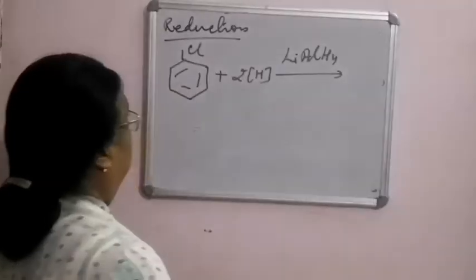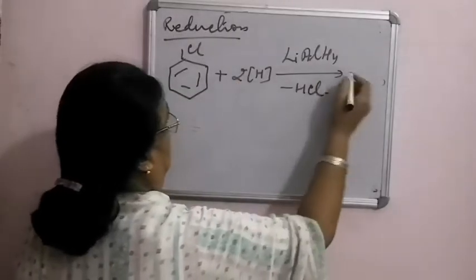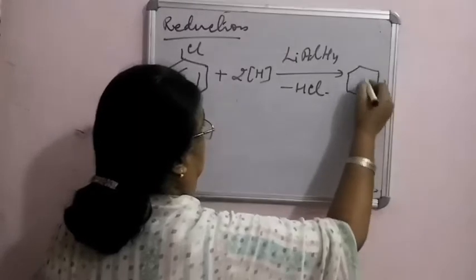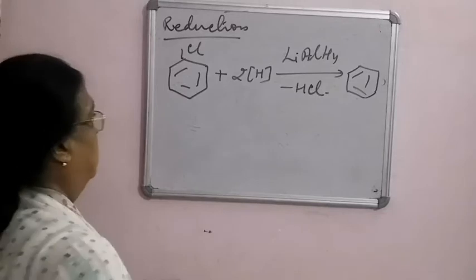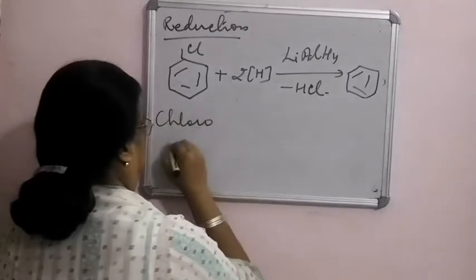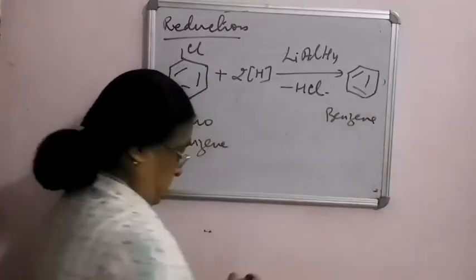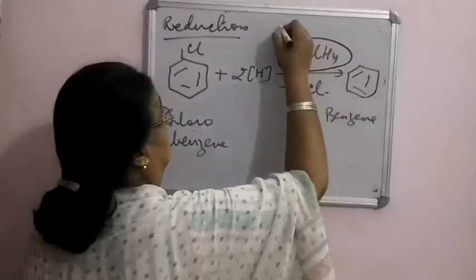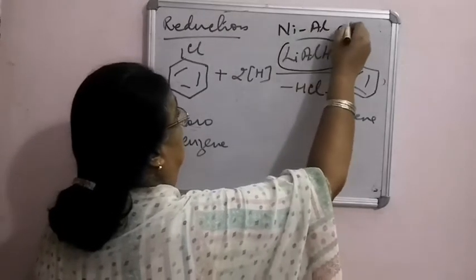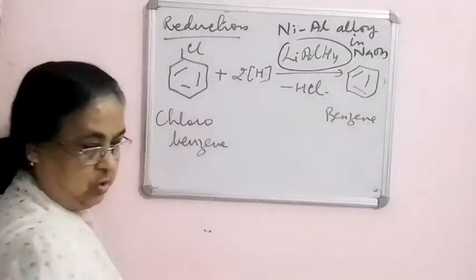HCl is out and we obtain benzene. A very important reaction to get benzene from chlorobenzene. The same reaction can take place if you take, in place of this, nickel aluminium alloy in NaOH.